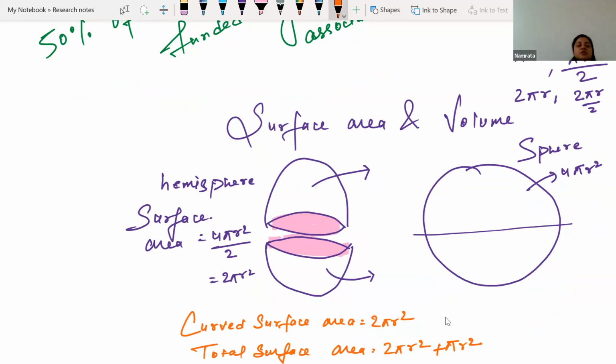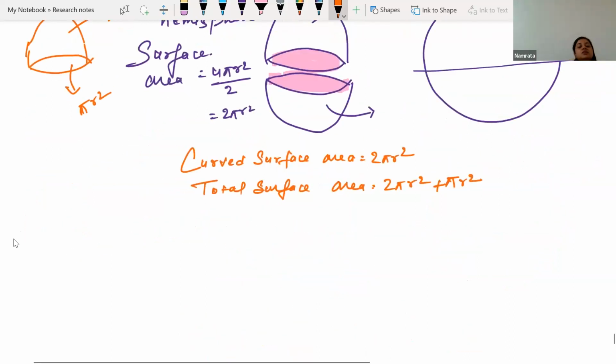A hemisphere means one half part of the sphere. This part area is 2 pi r square, and this part is a circle, so it's pi r square. Hence the total surface area of a hemisphere can be written as 2 pi r square plus pi r square, that means 3 pi r square.